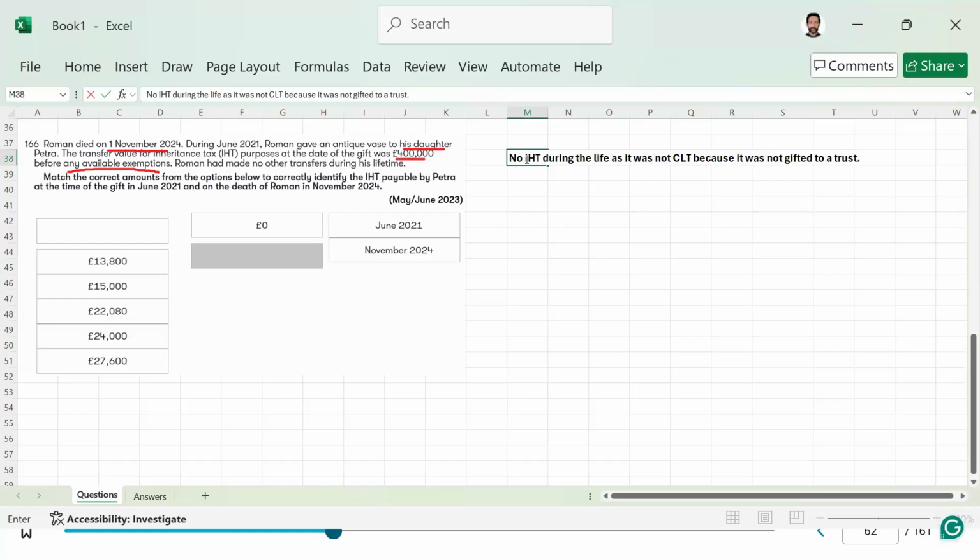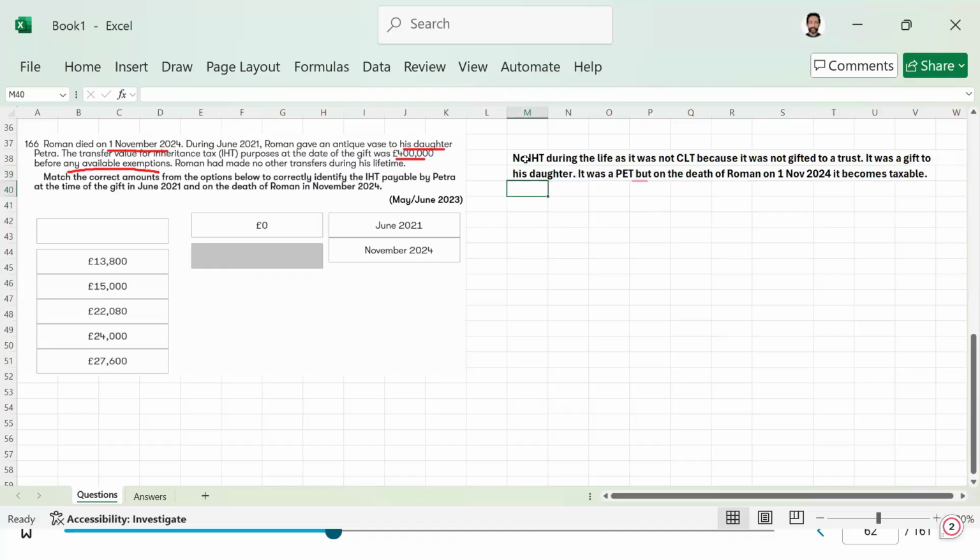Okay, so it was a gift to his daughter. It was a PET, but on the death of Roman on 1st of November 2024, it becomes taxable.